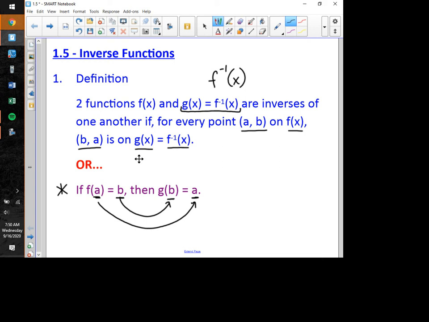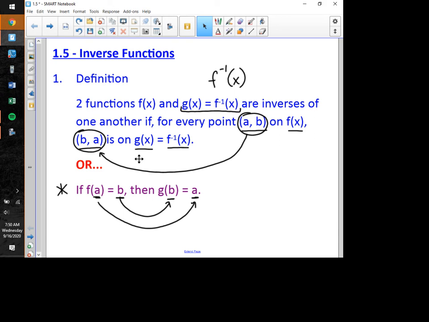So one of the phrases that people lose track of right here is the phrase "the inverse of a point." It's in that same category of things like reciprocal, and a reciprocal of a fraction is something you guys know very, very well. But the inverse of an ordered pair, everybody, is when we simply take the x and y coordinates of an ordered pair and we flip those around so that the x becomes the y and the y becomes the x.